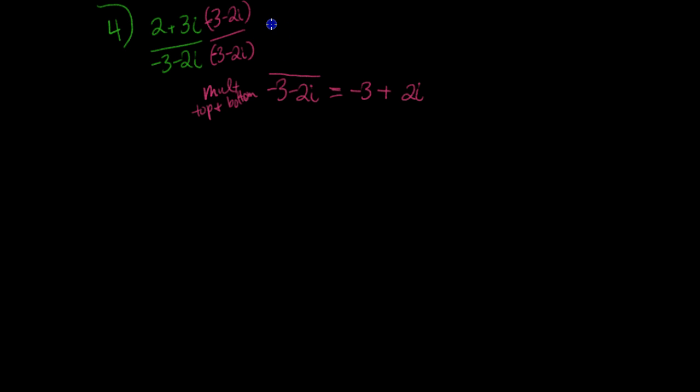Okay, so now I'm going to just use FOIL, and if you happen to forget, there's nothing to memorize, it's just FOILing it out. Negative 3 times negative 3 is positive 9. Negative 3 times negative 2i is plus 6i. Oh, look at what I did. This is plus, because I was thinking, oh gosh, they have to cancel out.